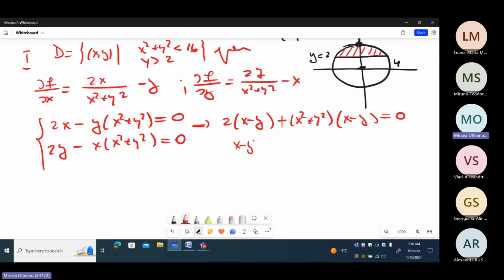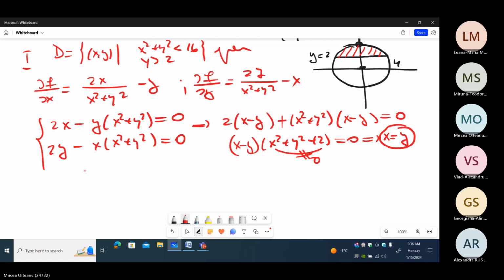So (x minus y) times (x squared plus y squared plus 2) equals 0. And obviously, this parenthesis cannot be 0. So consequently, x must be equal to y. So if x equals y, now it's 2x minus x cubed minus x cubed equals 0, because y equals x.